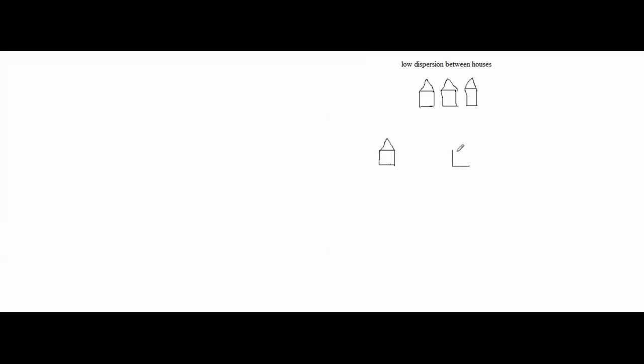So in this type of area, the houses would have more spread. I mean, there would be more spread between the houses. So you could say that this is high dispersion between houses.